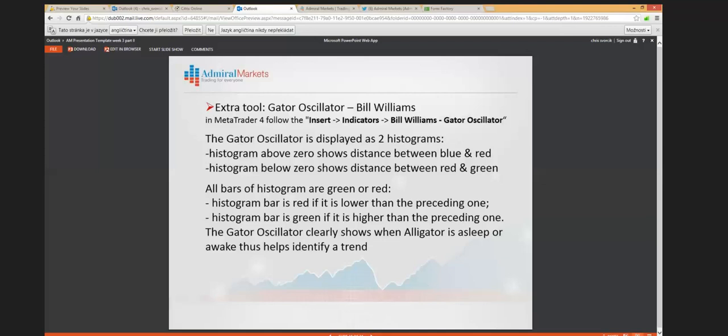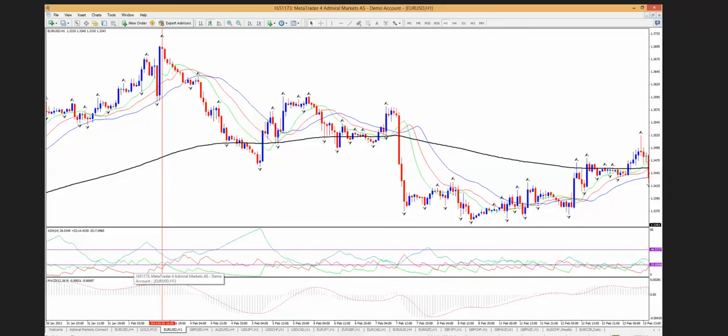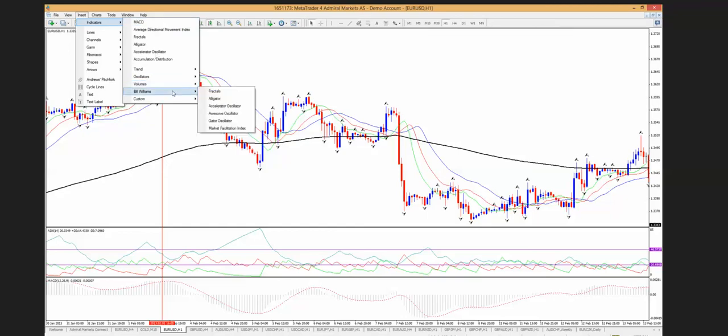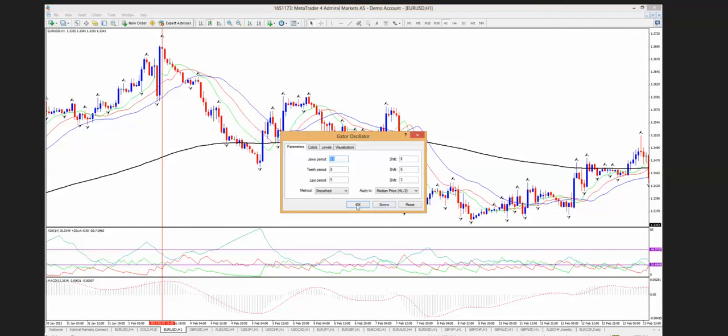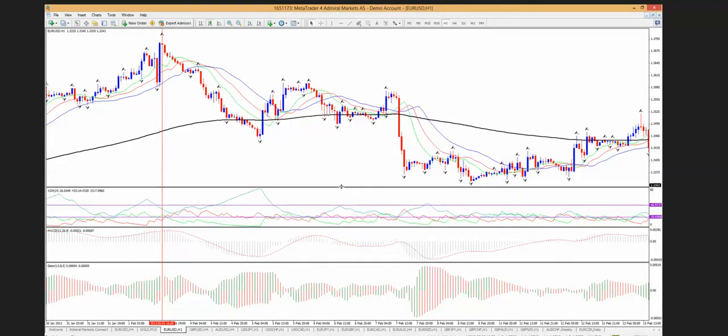The other tool I wanted to show you is the Gator oscillator. Besides these tools, we have the ADX, the MACD, the long-term average, the fractals, and the alligator. Now I know these are a lot of indicators, and if you're not that much of an indicator person, I understand. If you like pure price action, skip the Gator oscillator. There's nothing wrong with skipping that. I don't want to confuse you too much.